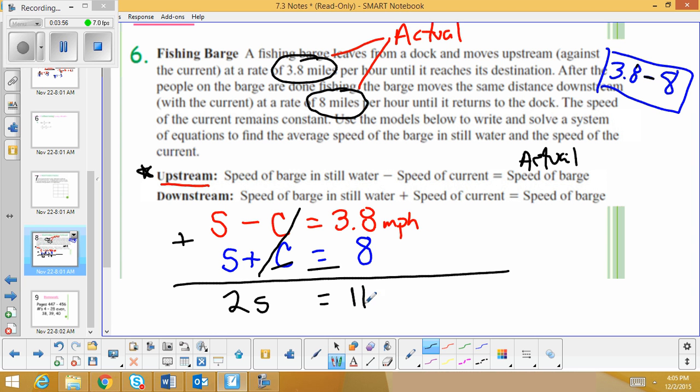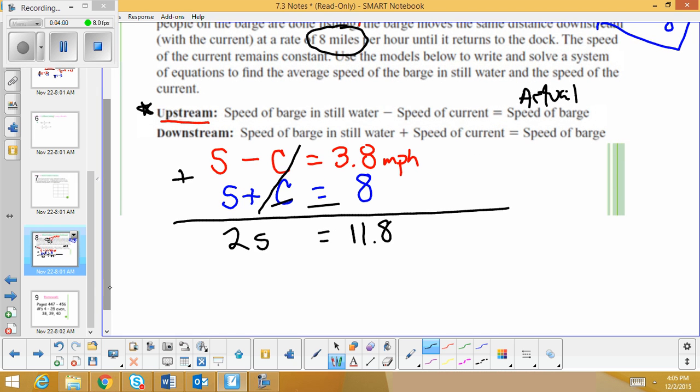So we've got 11.8. If I divide 11.8 by 2, I believe that's going to give me 5.9.